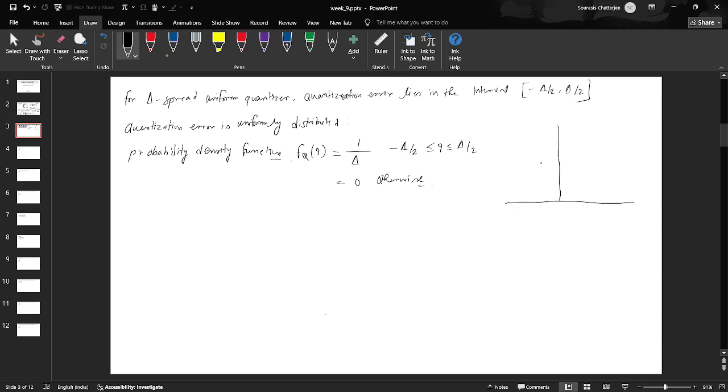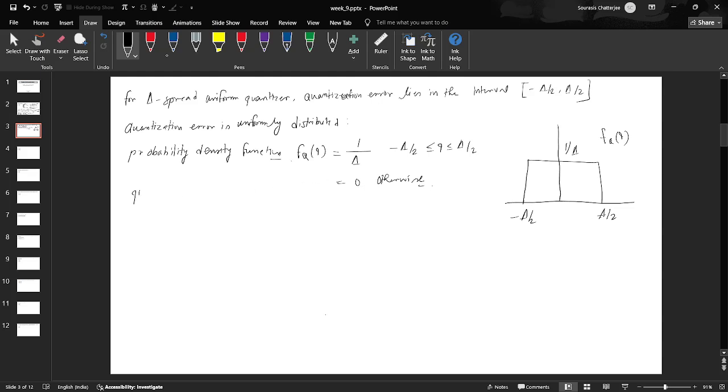This is the plot here. This is the amplitude and this is the base, so that the overall area should come out to be 1.